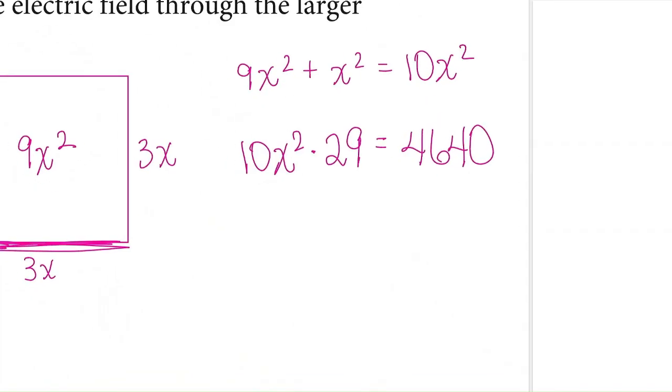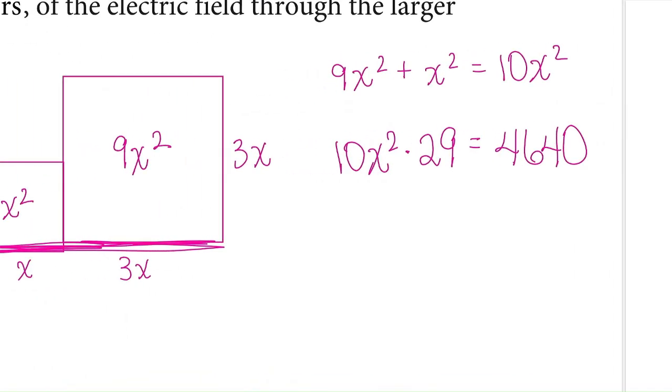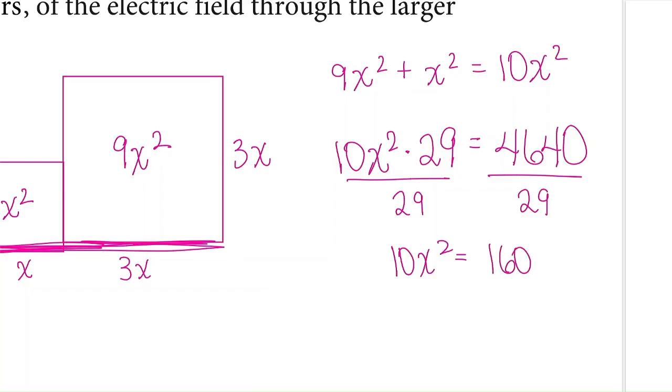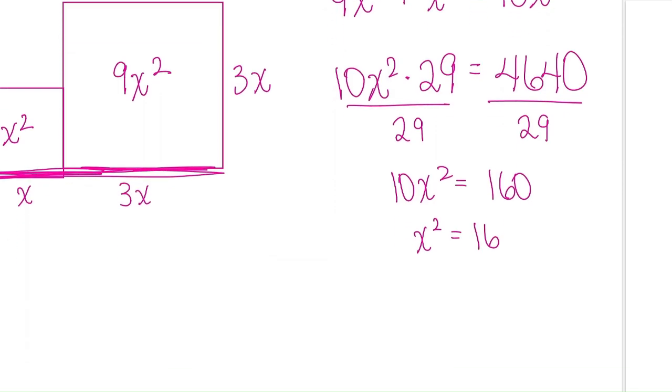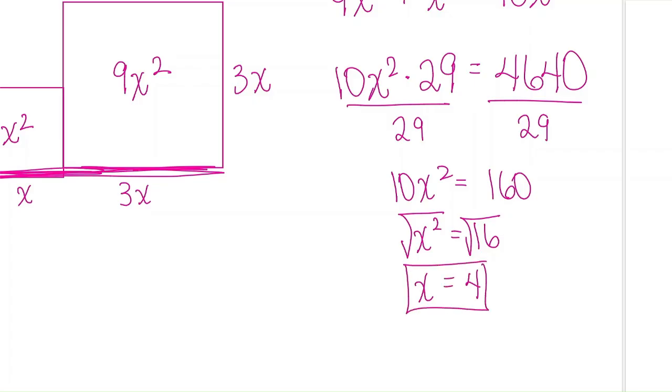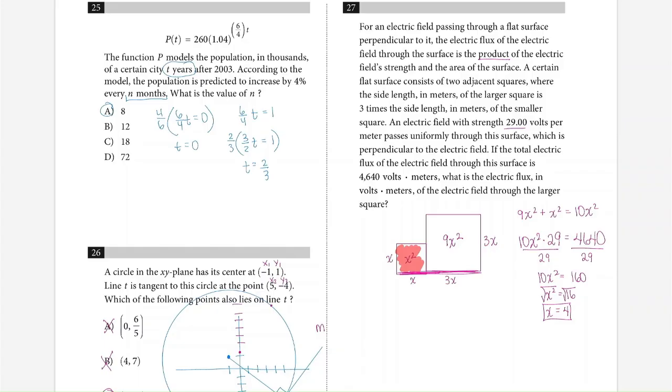If we apply inverse operations, we can divide 4640 by 29, and that's going to be 160. Then we can divide both sides by 10, then take the square root of both sides. So we're getting x equals 4. We now know that x is 4.